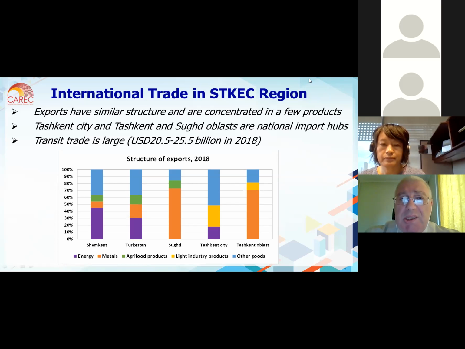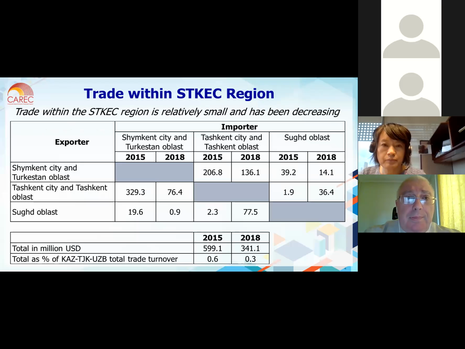And we need to understand that some part of our regional trade is transit trade. Specifically, the southern part of Uzbekistan receives most of its products from Tashkent, and the majority of products go through Khujand and the railway that goes via Khujand. Next slide, please.